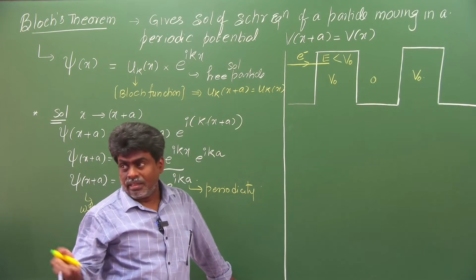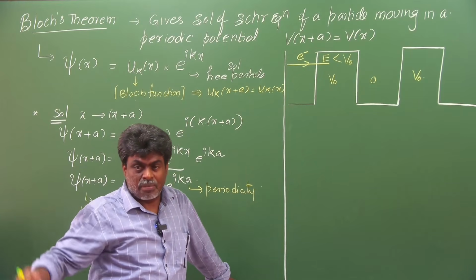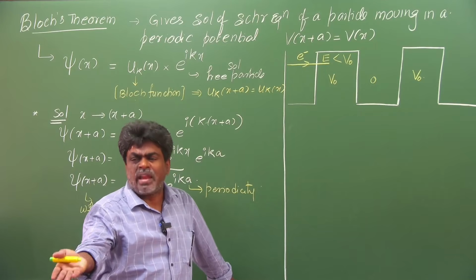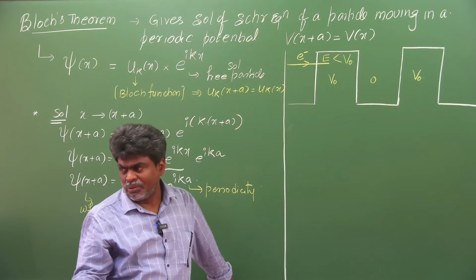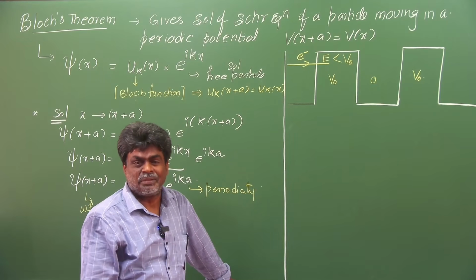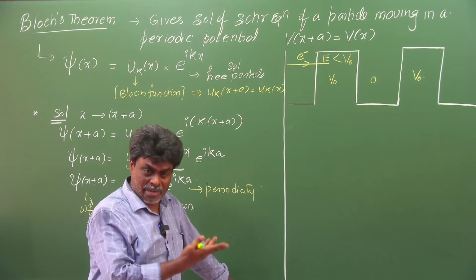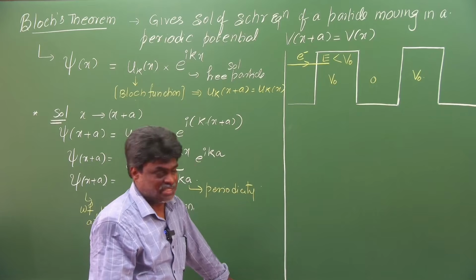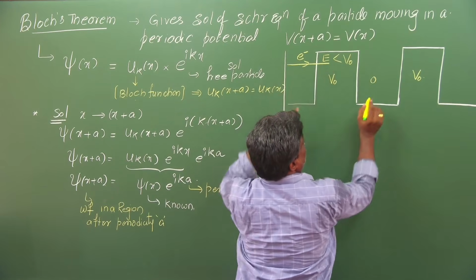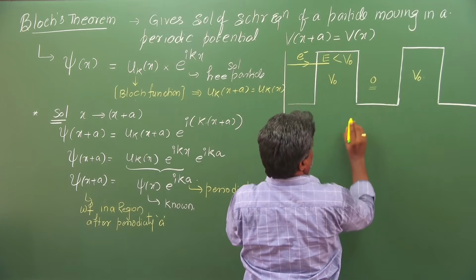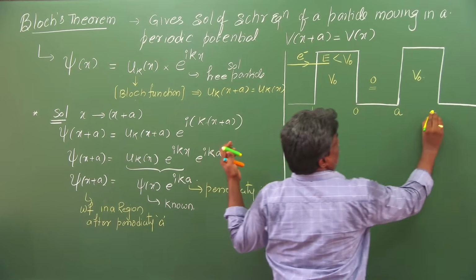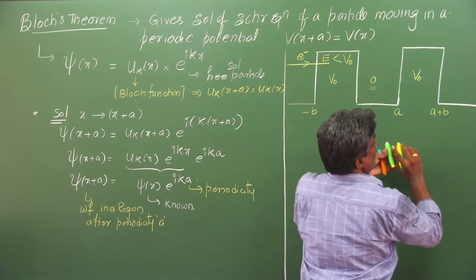Beta decay. In beta decay, the electron which comes out of the atom has 7 to 8 MeV kinetic energy, which is very small compared to the nuclear potential energy. So that's why the energy of the particle is less than V naught. Here we have taken the potential as 0. This is 0, a minus b, a plus b.